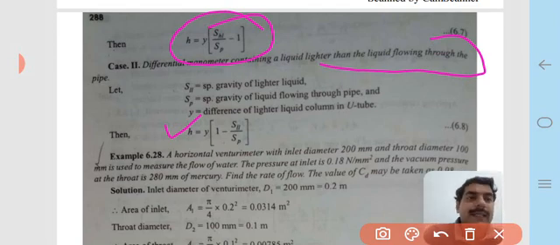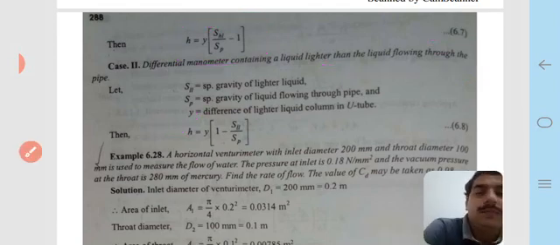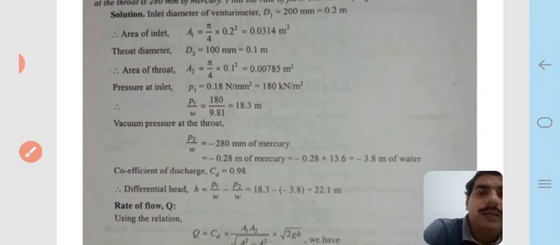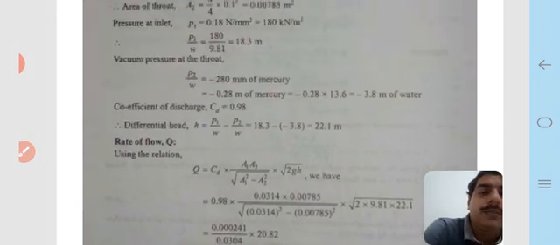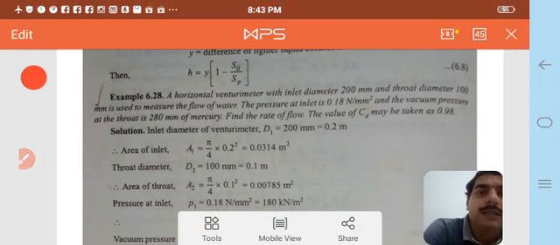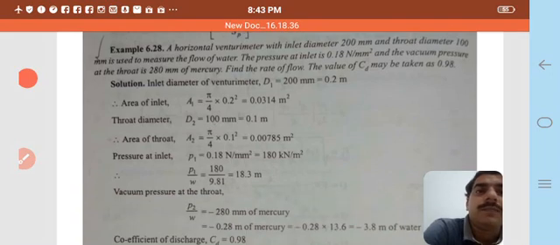We solve these equations and now calculate the discharge at the given section of the Venturi meter.